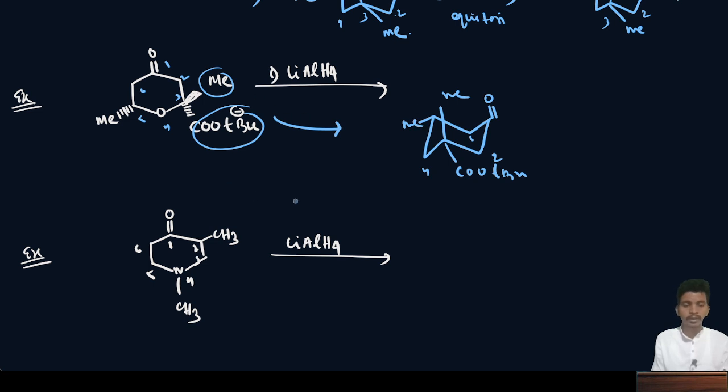Since at the third position both bulky groups are there, if you change it in any form, 1,3 diaxial interaction must be present. So in this case we have to do an equatorial attack. So I will do an equatorial attack here also.